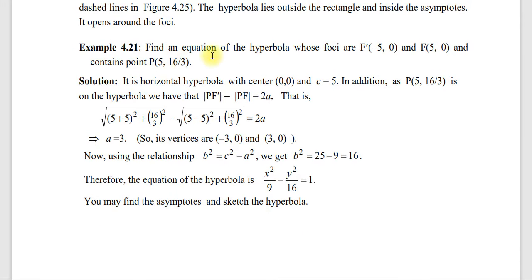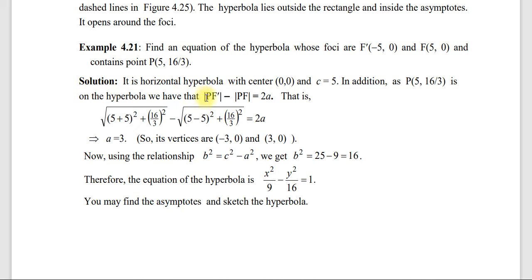So let us see an example. Find an equation of hyperbola whose foci are f prime minus 5,0 and f 5,0 and contains a point p 5,16/3. p ማለት ሲምፕሊ x, y ስንል የነበረው ነው። ስለዚህ ኢኩዌሽኑን ፈልጉ እያለን ነው። ኦኬ so it is a horizontal hyperbola with a center 0,0 and c which is equal to 5 in addition as p which is equal to 5,16/3 is on the hyperbola.